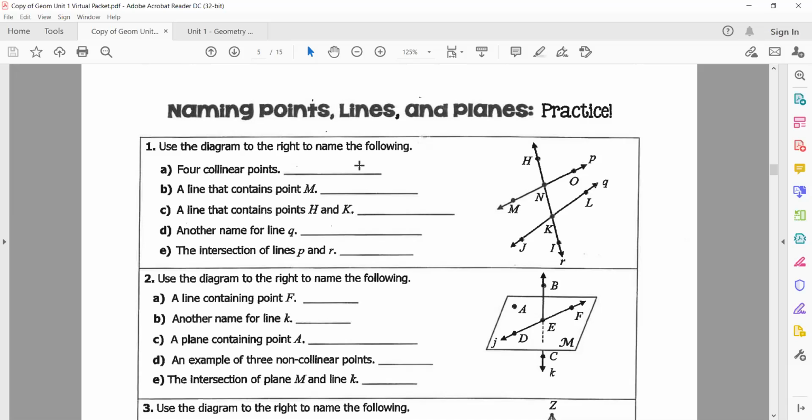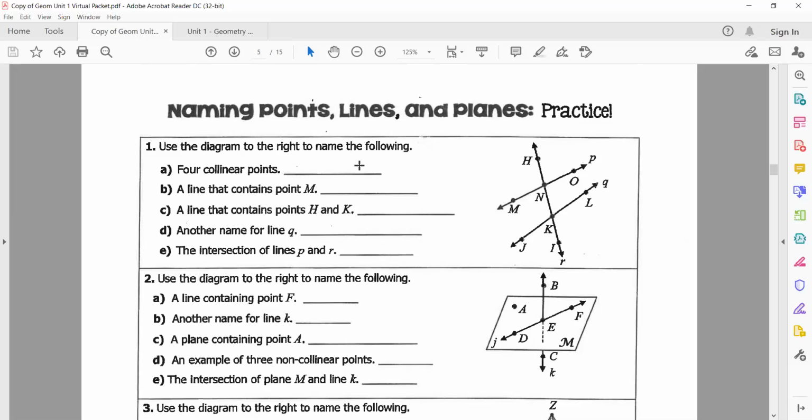Anybody see 4 collinear points? I got a suggestion here in class. It's not quite what I was looking for. Collinear, they got to be on the same line. There's only one possibility for that.